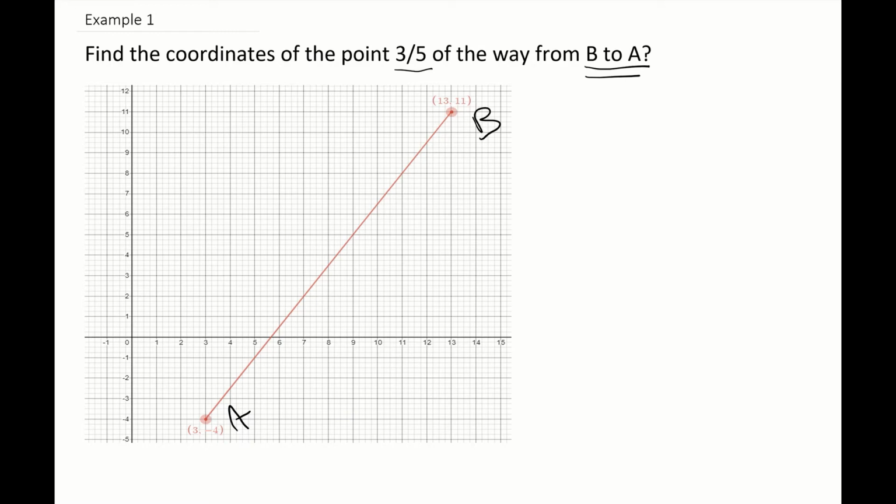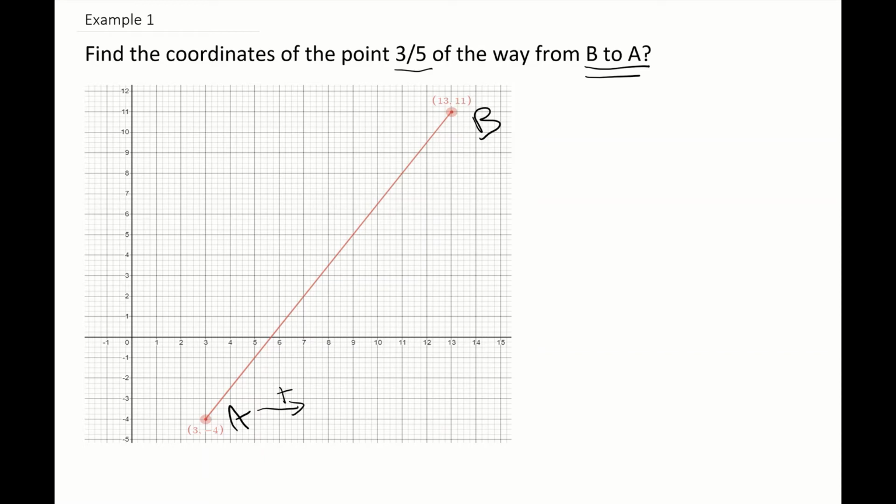If you think about it this way, if you're starting at A, then whenever you find a coordinate after that point, you're going to be adding to get to the next point. For example, A has 3, -4.